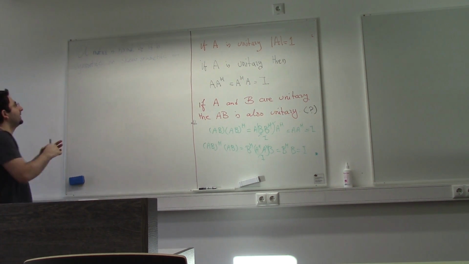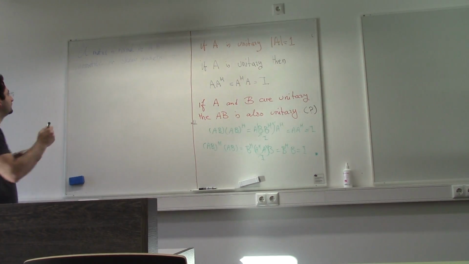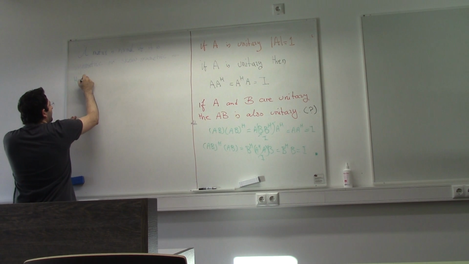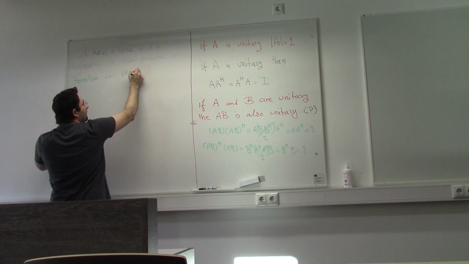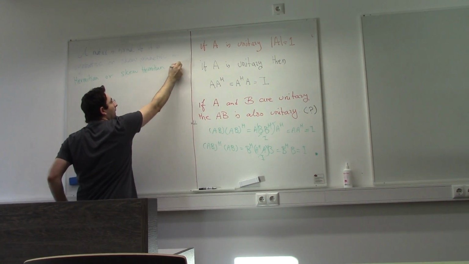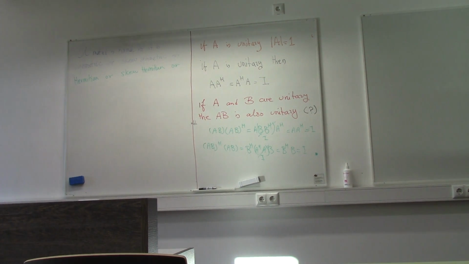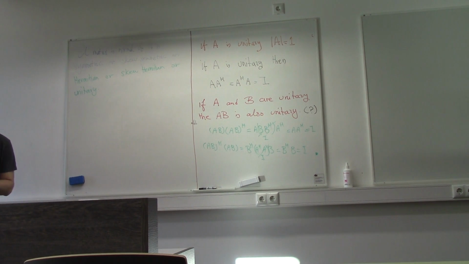Hermitian, yeah, exactly. Or skew Hermitian, or there is one more which we learned today: unitary. So if you are any of these, definitely you are normal.